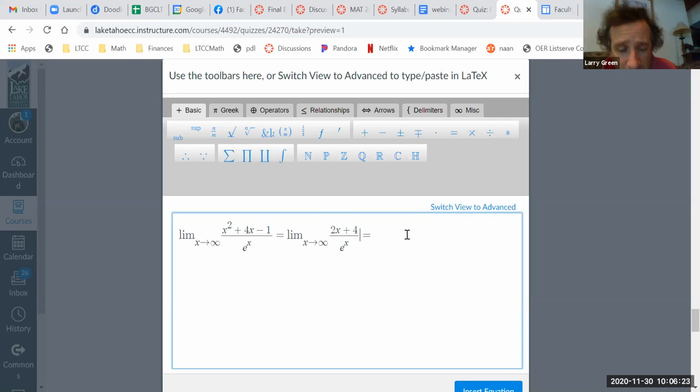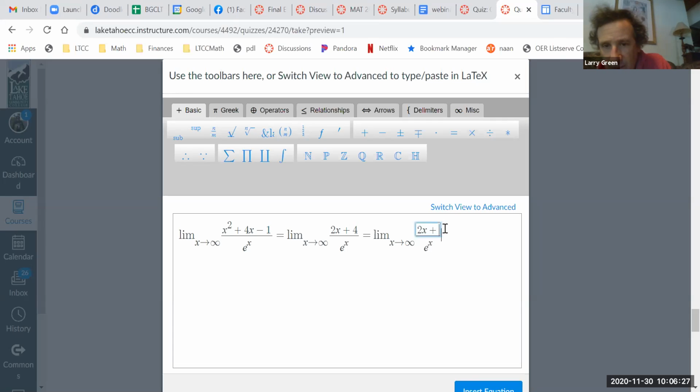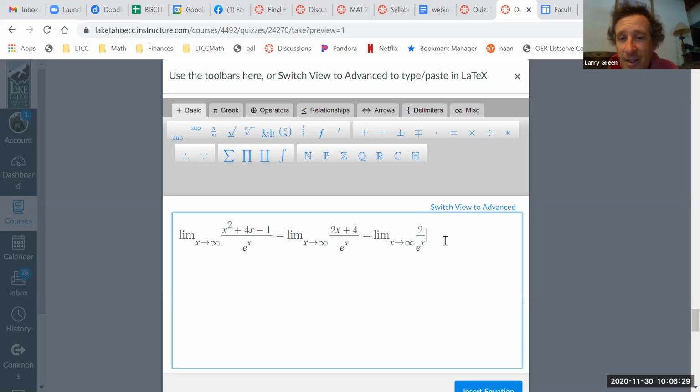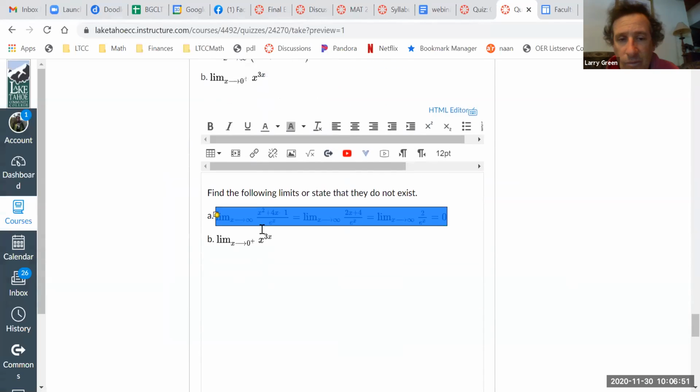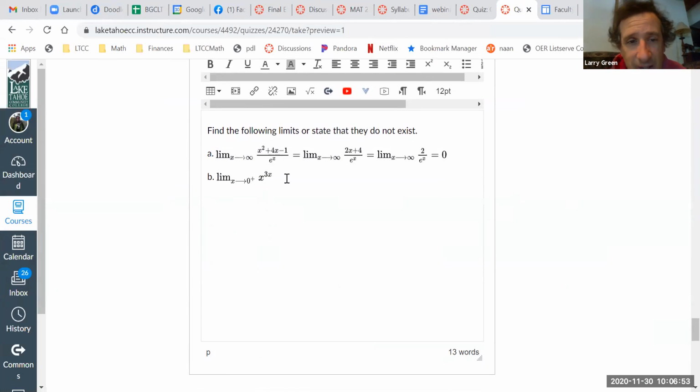The derivative of 2x plus 4 is just 2. Now it's much nicer. And now what happens when I plug in infinity? I get 0, because I get 2 over infinity and that's 0. And that's it. Always easy if you know how to do it.